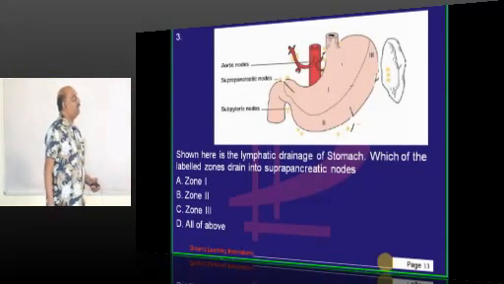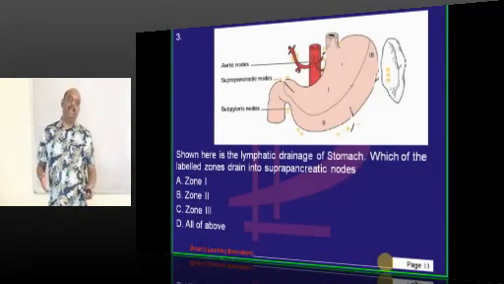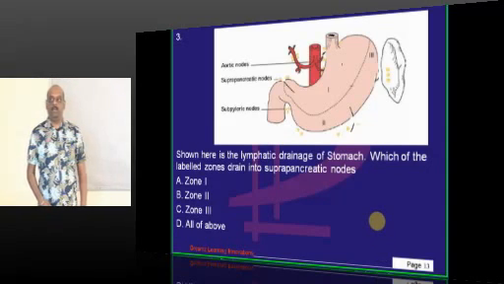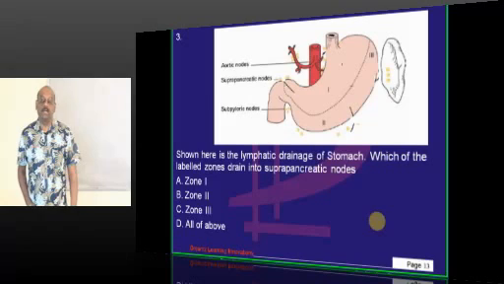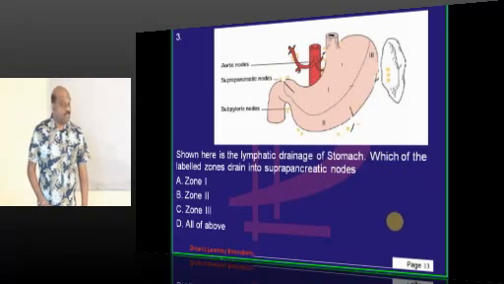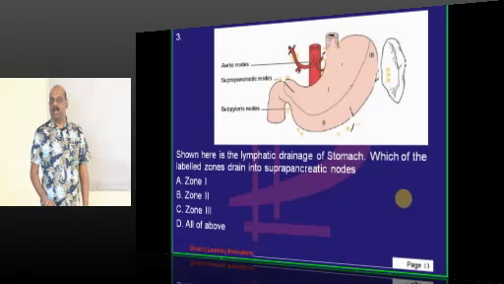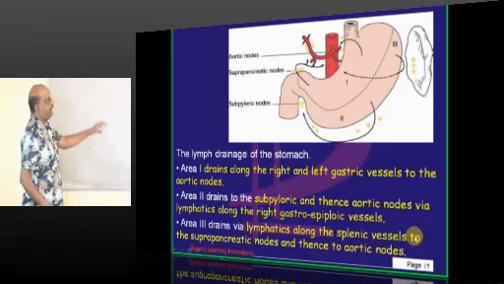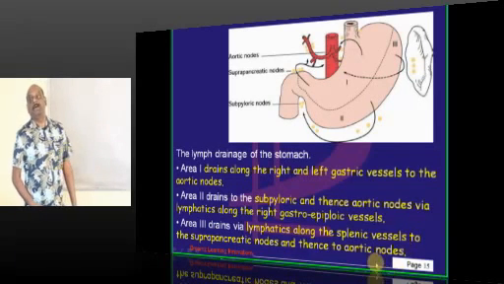Now, what is the area of drainage of the various lymph nodes? Some of you are going to become top surgical oncologists. You are going to operate on gastric carcinoma, which is not uncommon. So you must know the lymphatic drainage of the stomach.